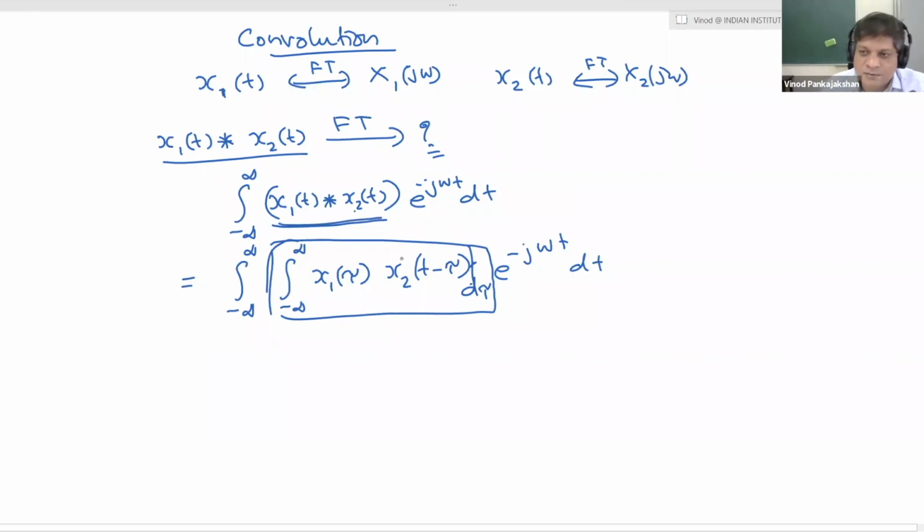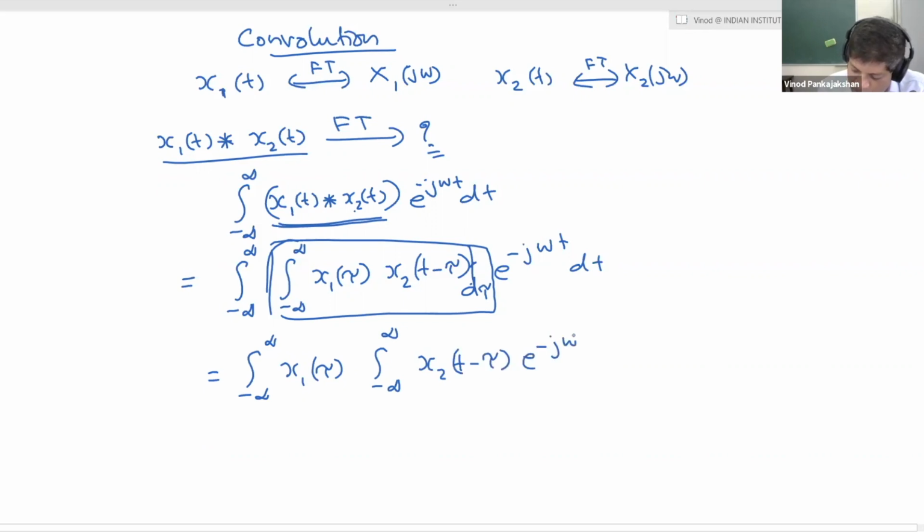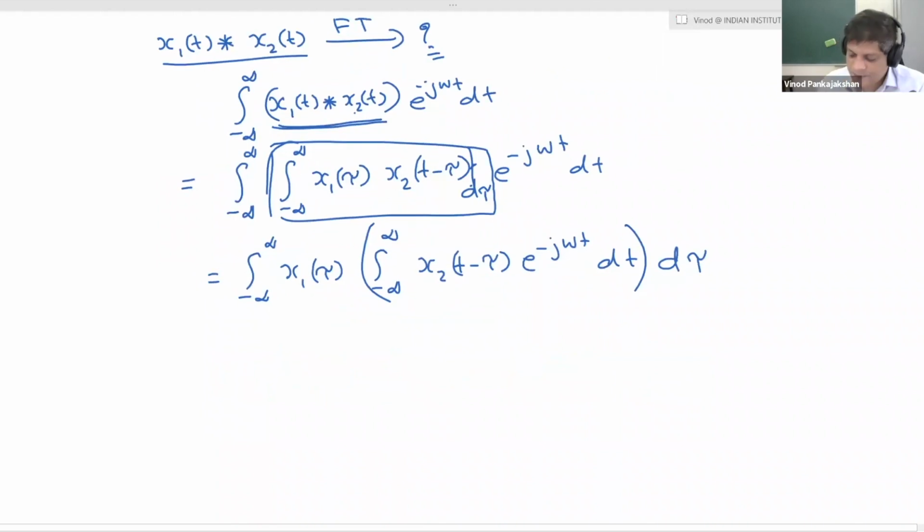Now, if we interchange the order of integration, can we write it as integral from minus infinity to infinity x1 tau, integral from minus infinity to infinity x2 t minus tau e to the power minus j omega t dt, and then integrate with respect to tau. I'm changing the order of integration. Can we simplify this? What about the integration in this bracket?